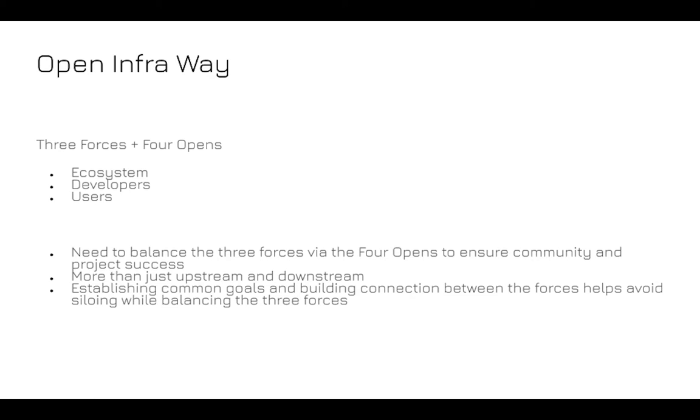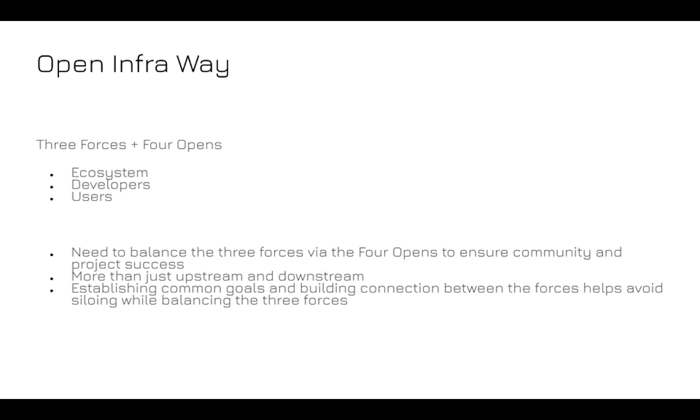And then you have the developers that are actually working on it, that are a part of the ecosystem, but also a separate entity. And they, together with users that are not actively developing, are the 3 forces. And so these 3 forces really need to be balanced to make the 4 opens ensure community and project success. Let me give you a moment to process that sentence because it's actually really important.